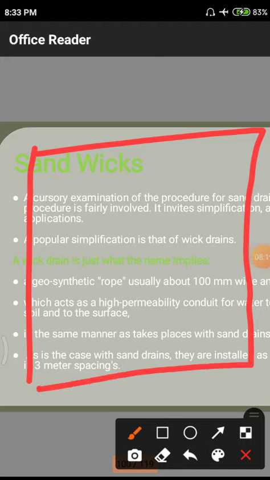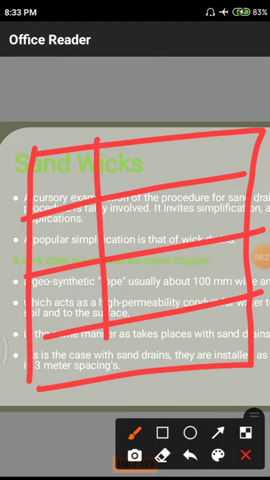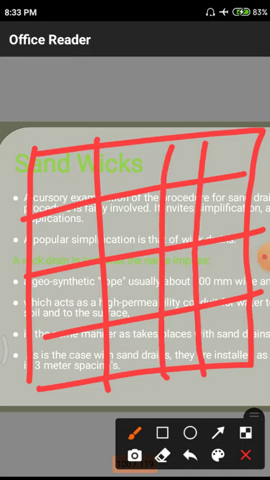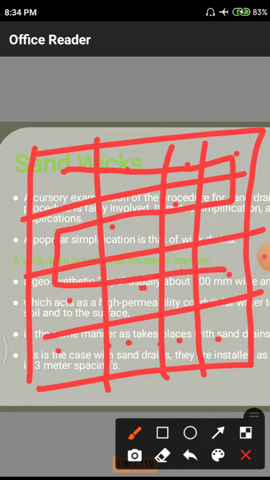Suppose it is a land. We convert this land into a number of parts, 1, 2, 3, 4, and in each part we have different points, so we collect those points using this rope. It is the starting point, and it is the ending point.